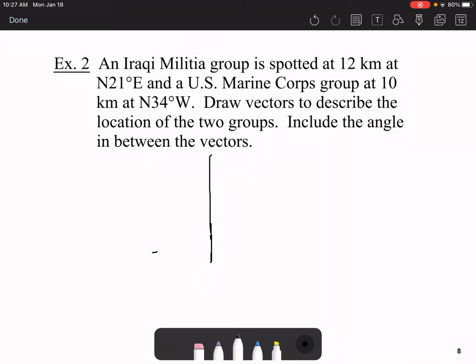Because both of these are focused on the north, east, and west lines, I'm going to try to minimize the amount of south that I see. Okay, so first off, the Iraqi militia group is 12 kilometers. So I'm going to draw something that's 2.4 centimeters. And I think that's an angle of 21 degrees, going from north towards east.